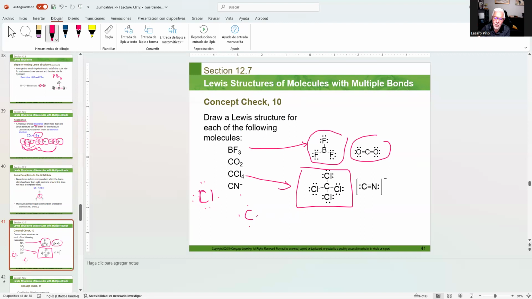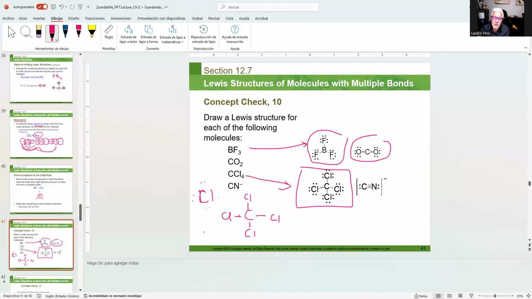As you have 4, you join this with 1 chlorine, here with 1 chlorine, here with 1 chlorine, and here with 1 chlorine.